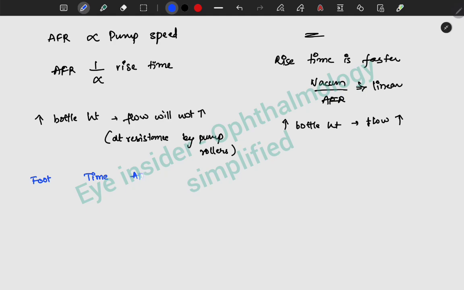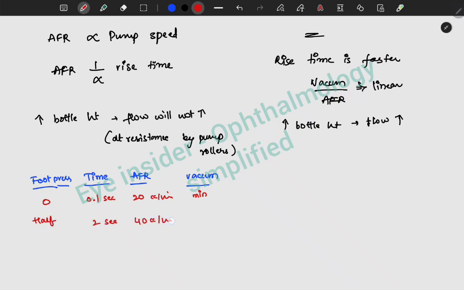Now just to show you an example of how these levels vary. When the foot is pressed at 0 level, 0.1 seconds, the AFR is 20 cc per minute, and the vacuum is minimal.